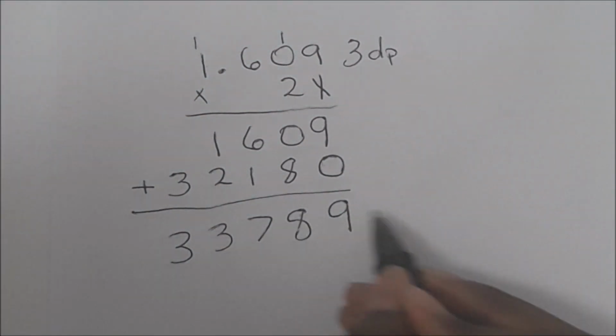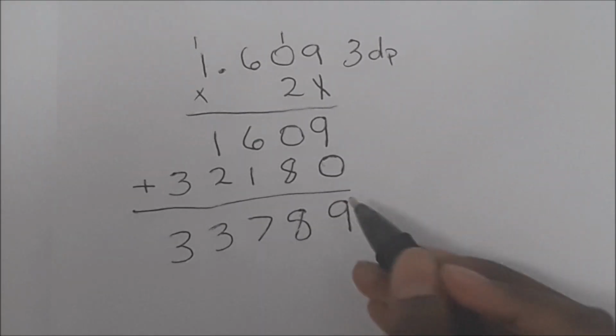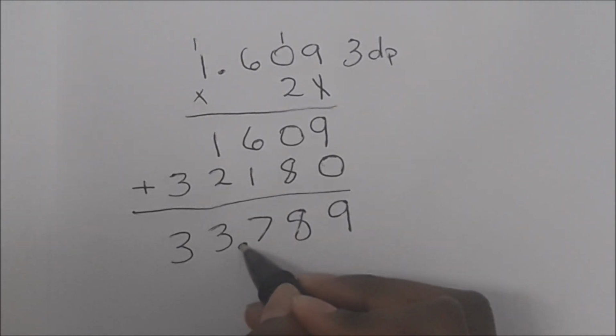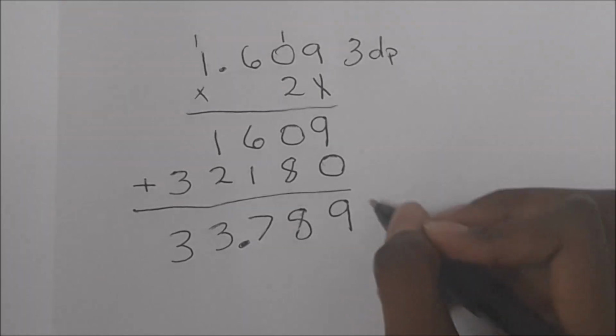So that means in the answer you go 3 spaces to the left. 1, 2, 3. So what's the answer? 33.789 miles. No, what's the question asking you? Calculate the length of New Providence to the nearest kilometer. So put kilometer behind the answer right over here, km.